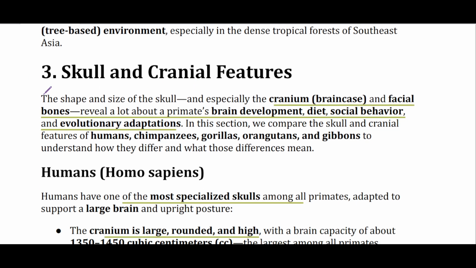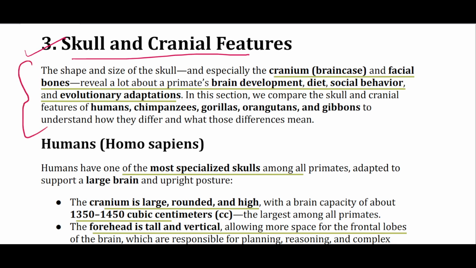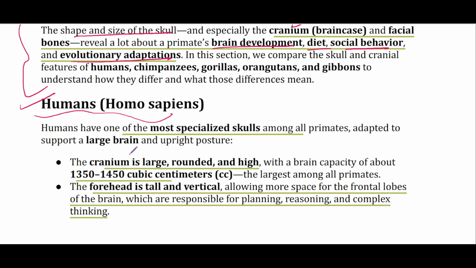फिर आगे बढ़ते हैं. The third characteristic, skull and cranial feature. So the shape and size of skull, especially the cranium, means brain case, and facial bones, they reveal a lot about brain development, diet, social behavior, and evolutionary adaptations. The first breakdown, humans.